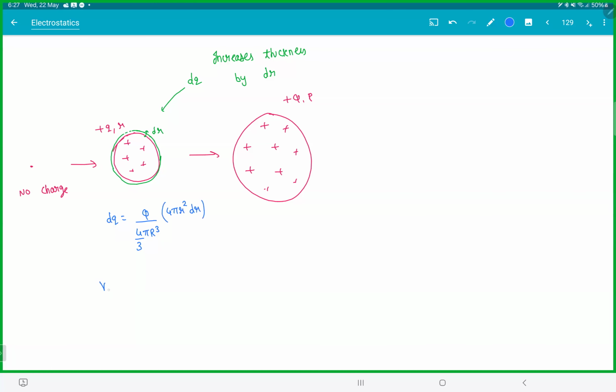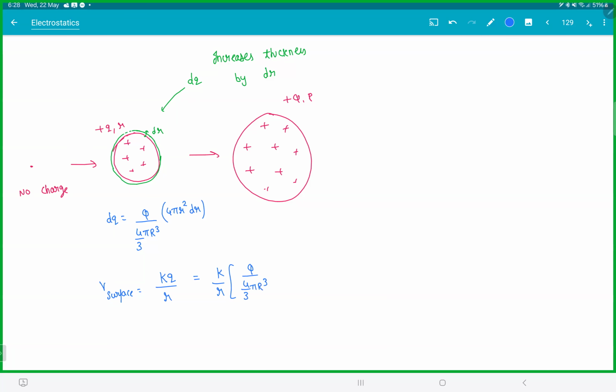And what is the potential on the surface? Potential on the surface is k small q by small r. And what is small q? Small q is k by r, total charge Q by 4 by 3 pi R cube.